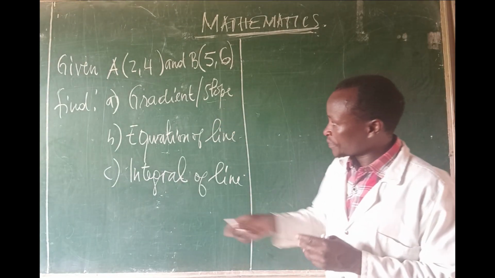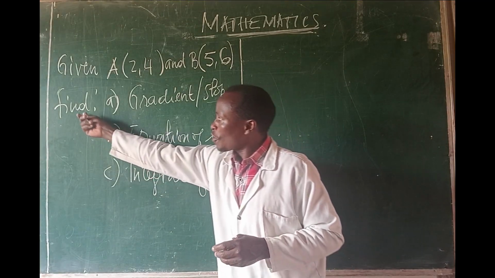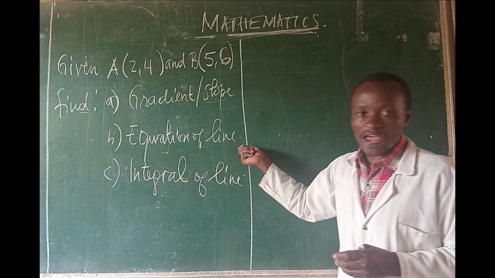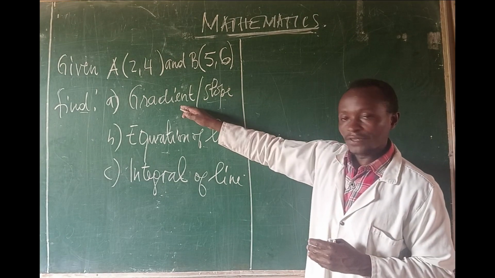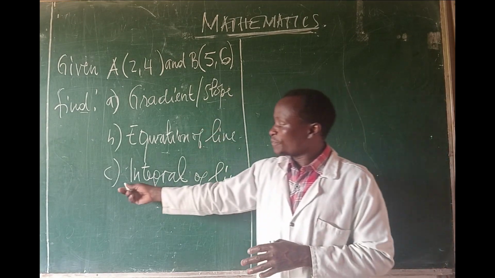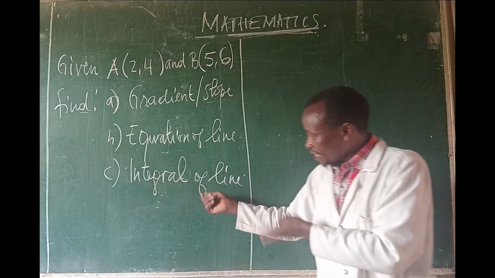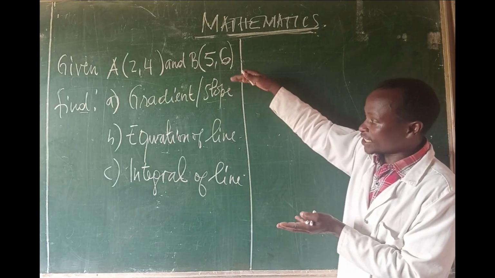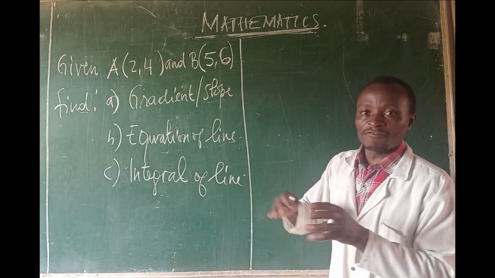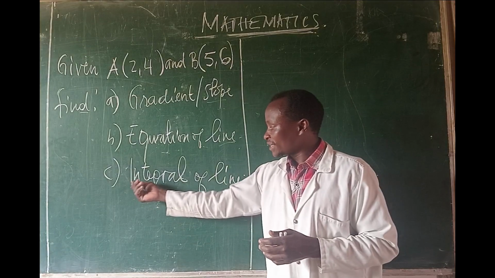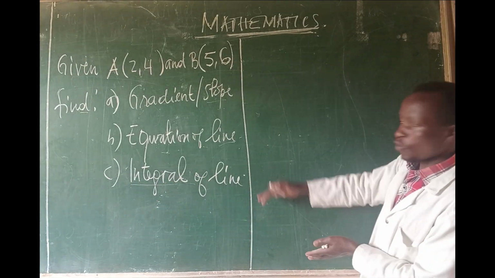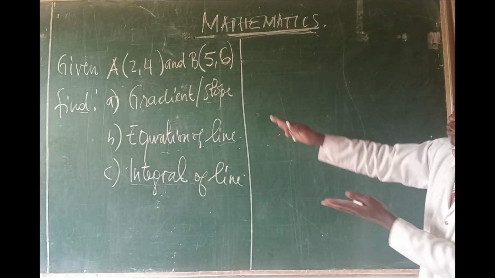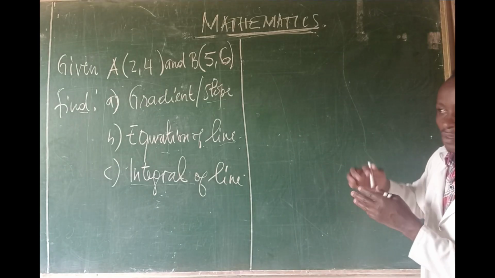Secondly, we have to find the equation of the line from our gradient. The last one will be to integrate that line. Once we get this line, we have to evaluate it by integrating. So you have to follow step by step how we are going to do this.